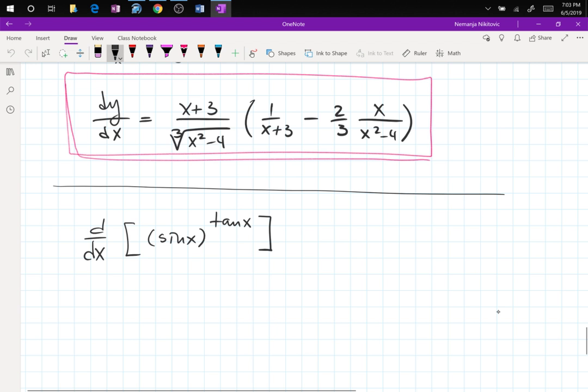Y, then ln, I'll put it in here. Sin x to the tangent x power.